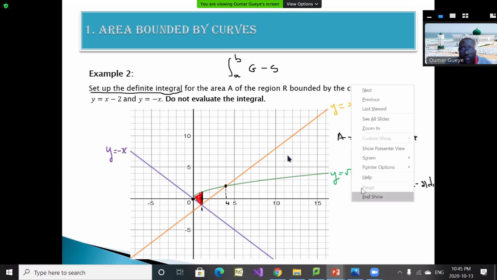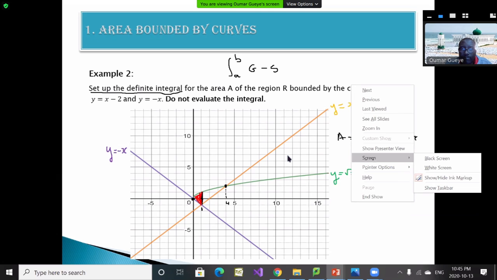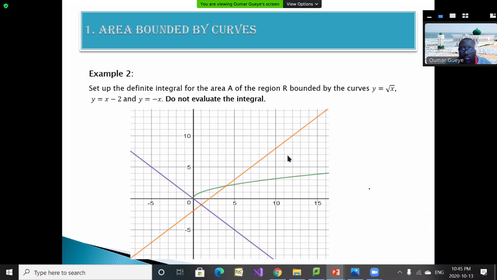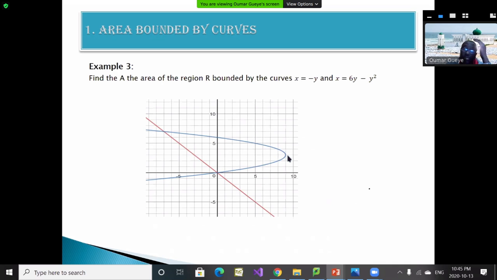I'm going to remove this. So in this case, you have two functions. This is my first function, and here is the equation of the second function.